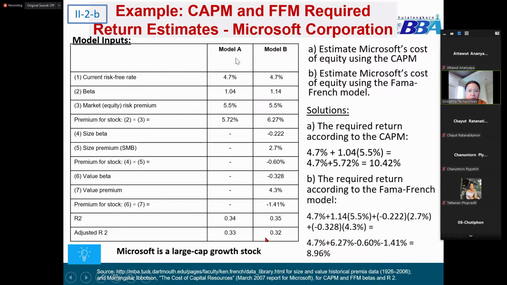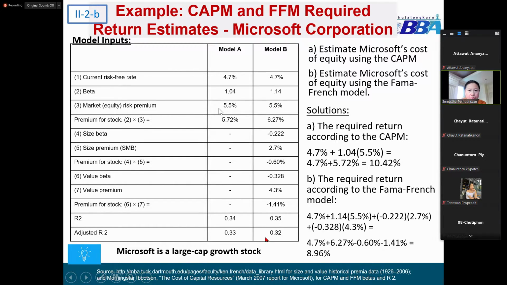Model A is just a single factor model that takes into consideration only the market risk. So this is to be plugged into CAPM, right? And this is the regression from the multi-factor model. So it includes market risk, the small minus big, the size, right? And the value, right?